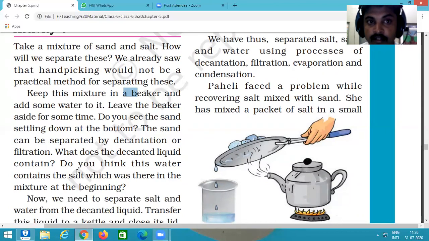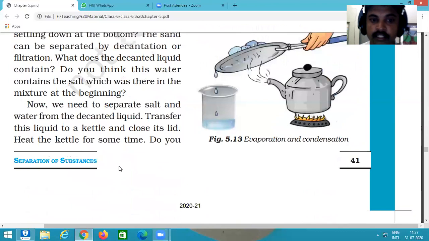Yes, when we mixed water into the mixture of salt and sand at the start, the salt dissolved into the water. So the solution we get from decantation has salt and water. So there is a need to separate the water by another technique.